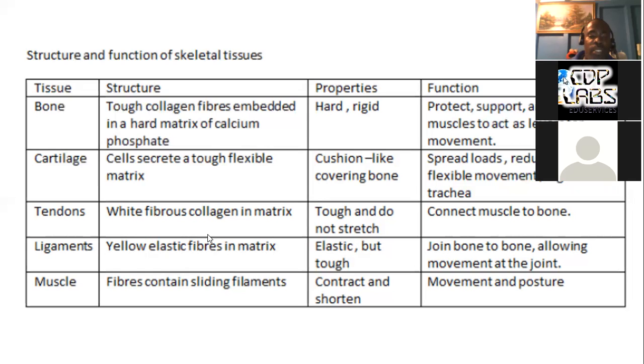The tendons are tough and do not stretch. This is using properties as well, and then we use the function to show this distinction: one connects bone to bone. Good.